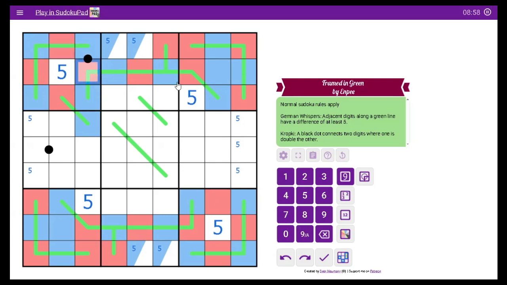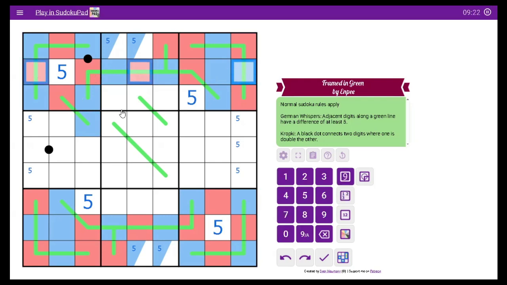So let's ask ourselves, where do the 4 and the 6 go? Let's say in row 2, because there's a lot of green lines. This cannot be 4 or 6 because it's accompanied. These two would have to be the same digit. Okay. This can't be 4 or 6.